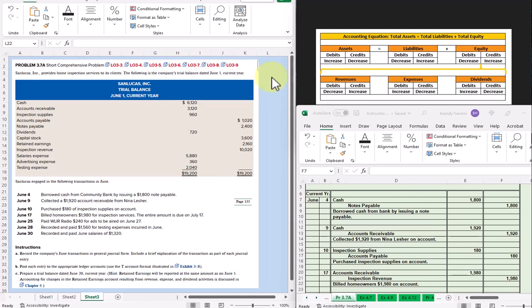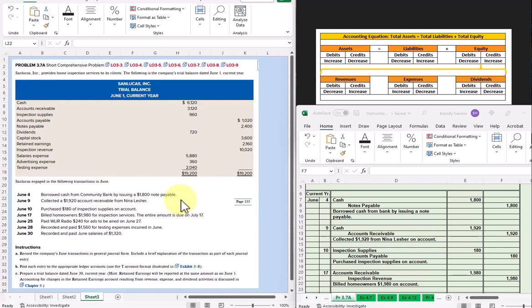All right. So here again, we start with our beginning trial balance, and this is the balance at June 1st. Okay, so now let's look at what happens during the month of June. So on June 4th, the company borrowed cash from the community bank by issuing an $1,800 note payable.